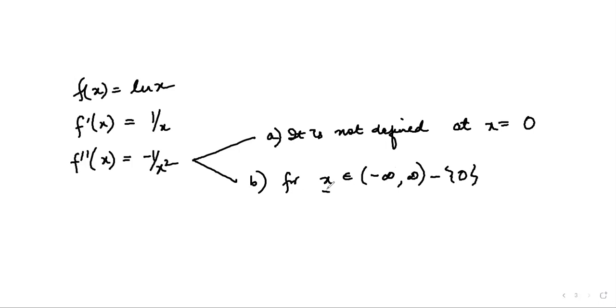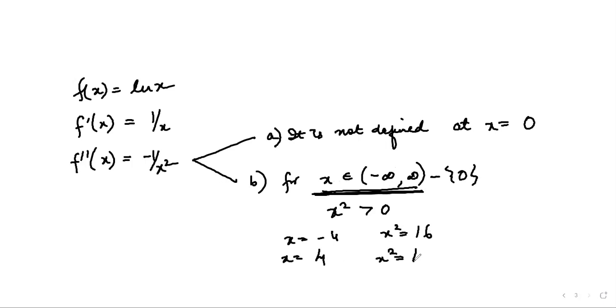If I take any value of x from minus infinity to infinity, whatever I put, I know that x square will be greater than 0. Whether I put x to be minus 4, x square will be 16. Whether I put x to be 4, x square would be 16. So the denominator x square will always be positive. The numerator is 1, also positive.